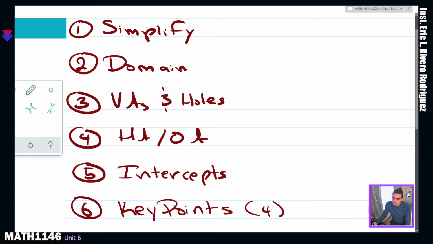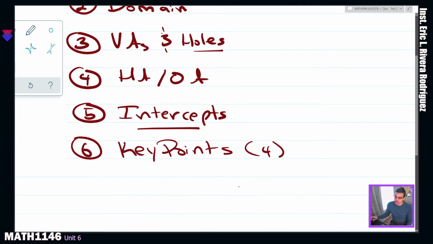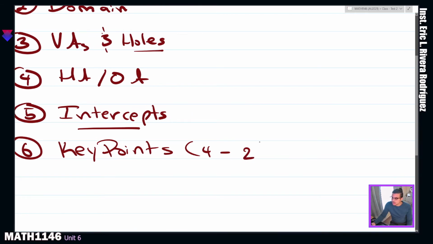Key points are going to be taken from the hole, if there is any, and from the intercepts. If the holes and the intercepts are not enough, then we will need to find more key points. So at least we are going to use 4 key points, 2 for the left side and 2 for the right side.